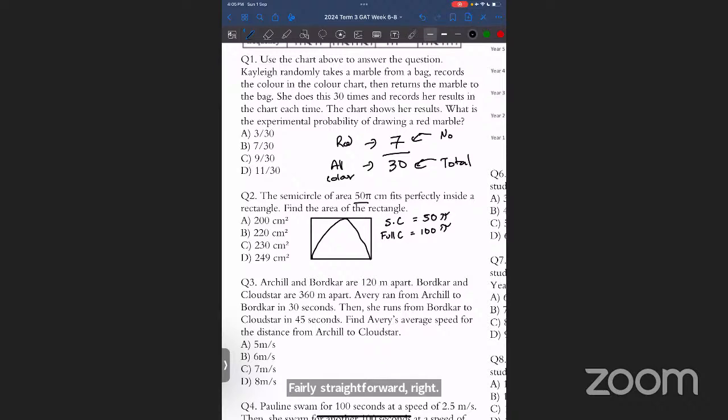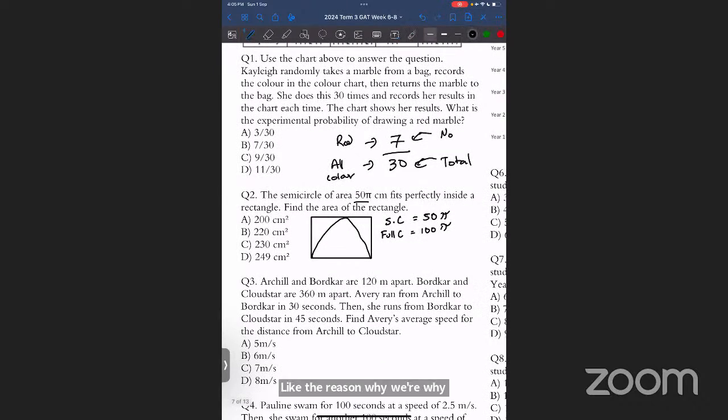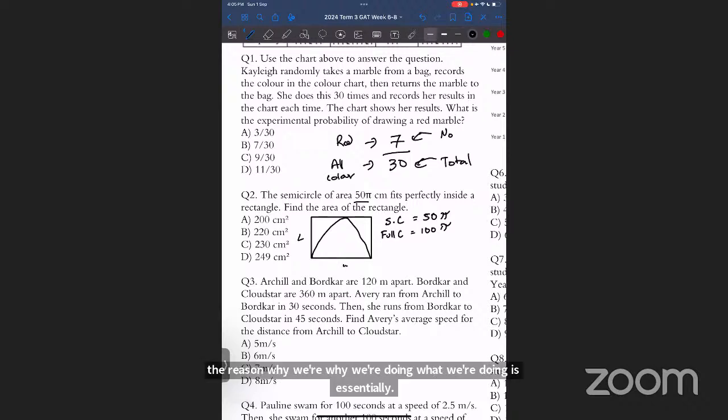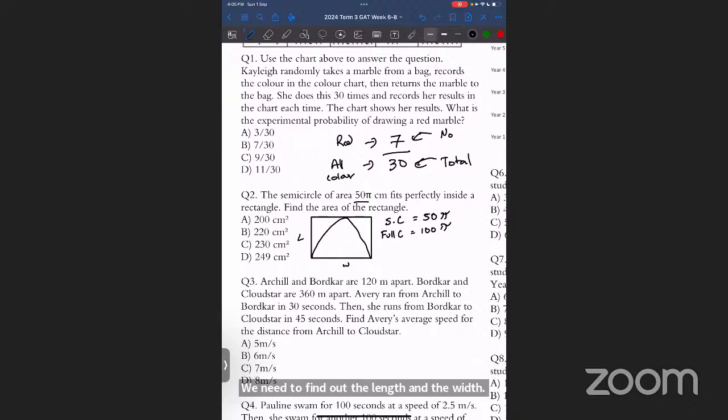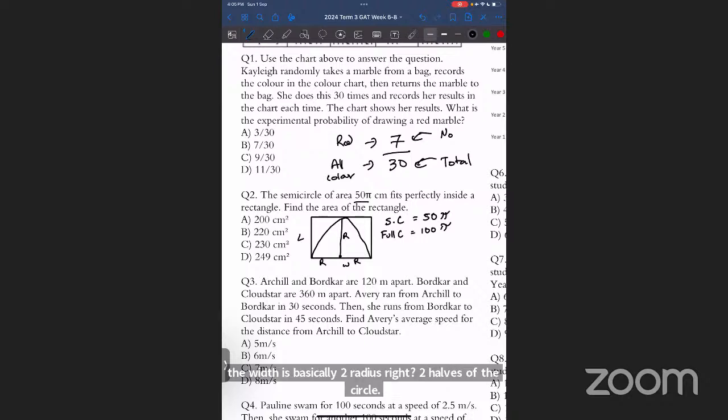From there, the reason why we're doing what we're doing is essentially we need to find out the length and the width. Now, we have some good news. The length is essentially the radius of the circle, and the width is basically two radiuses, right? Two halves of the circle. So if you just find out what the radius is, we can figure out the dimensions, and then we can find out the area.